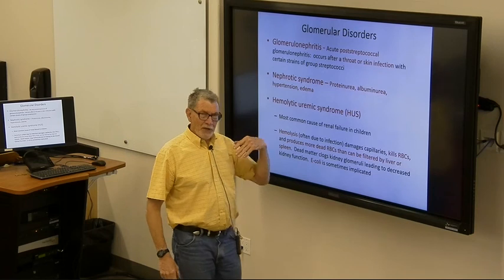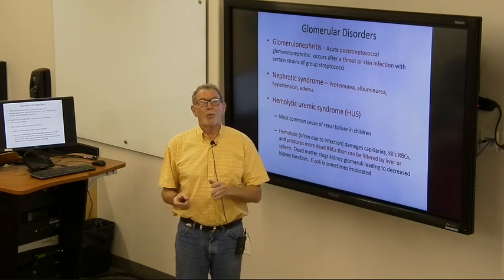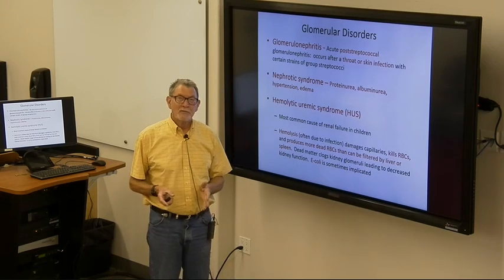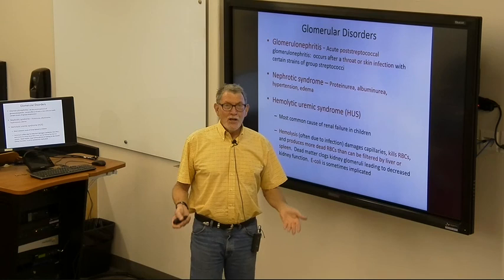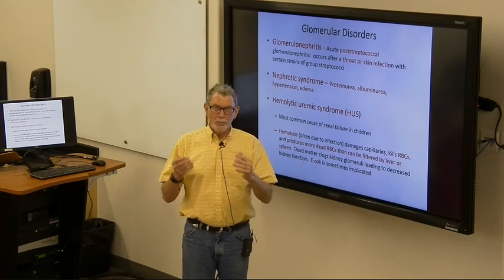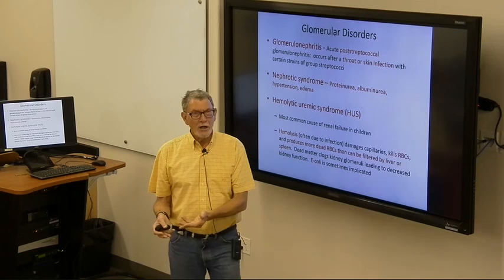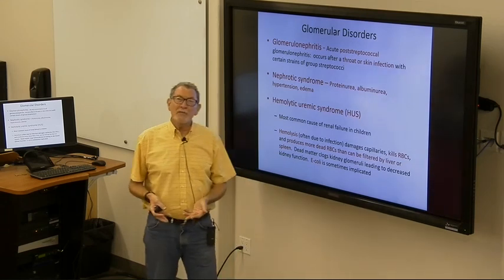If you have a condition or infection that causes your red blood cells to break down too fast, hemolysis, then as you filter the blood through the kidney, those pieces of broken red blood cell clog up the tubules and actually block the kidney from doing its job.